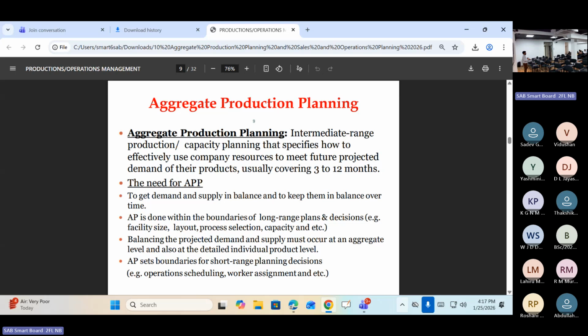So, life. There can be different unavoidable circumstances, like natural disasters or various other factors that may affect the production plan. So it's changing every time, but there should be a planning process.